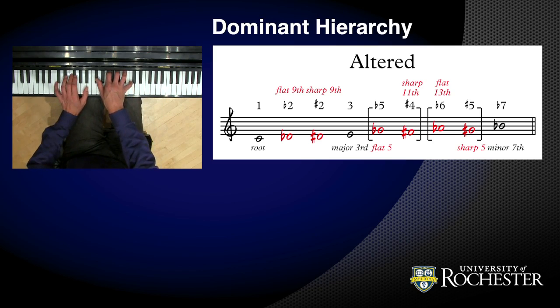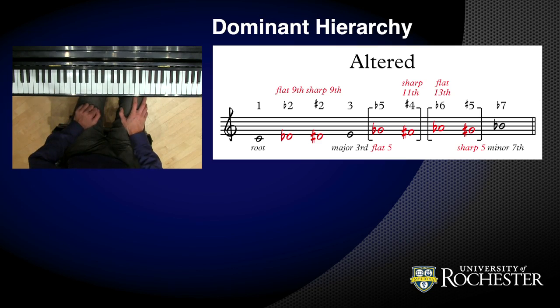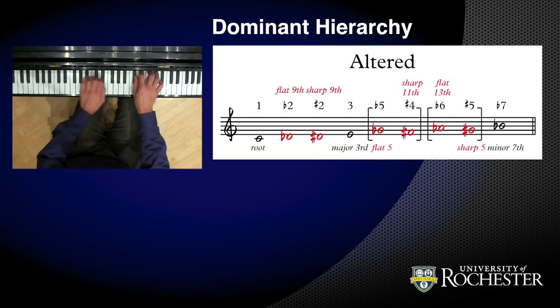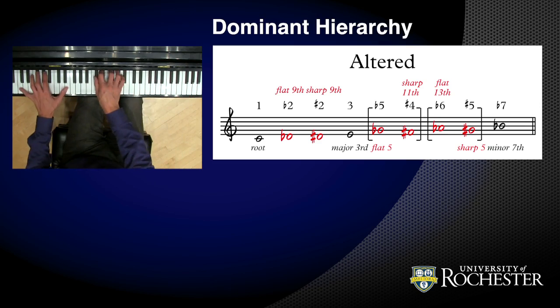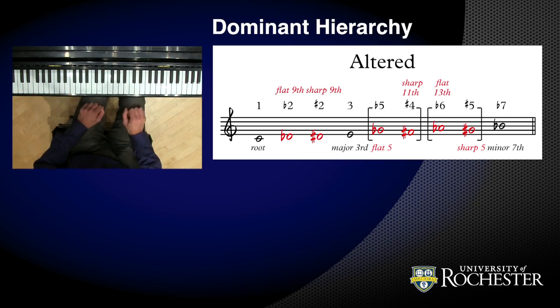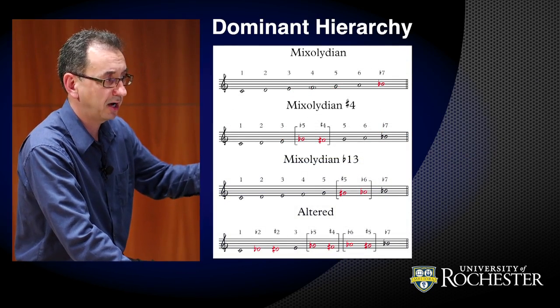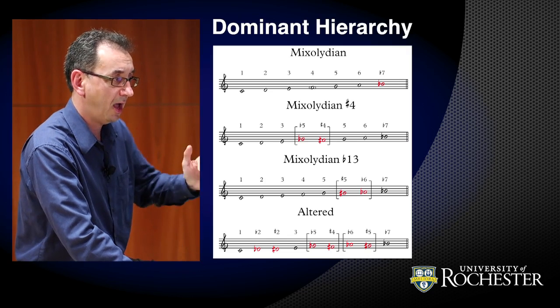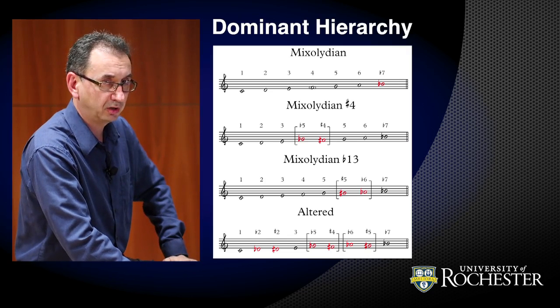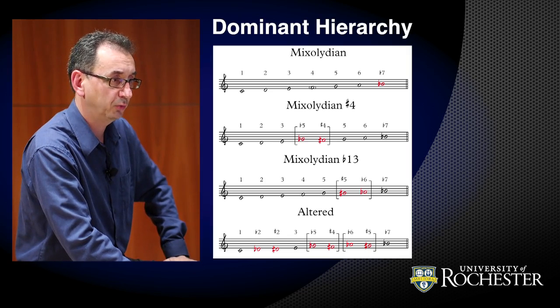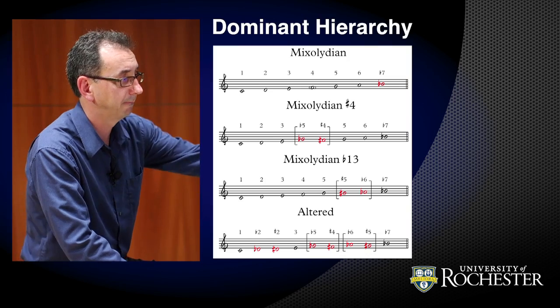So we have flat 9, sharp 9, sharp 11, and flat 13. All available chromatic extensions that we can add to the dominant sound. Highly chromatic structure. So again, the dominant family of modes is organized hierarchically, starting with the most diatonic and then gradually increasing the chromatic tension within their pitch structure.